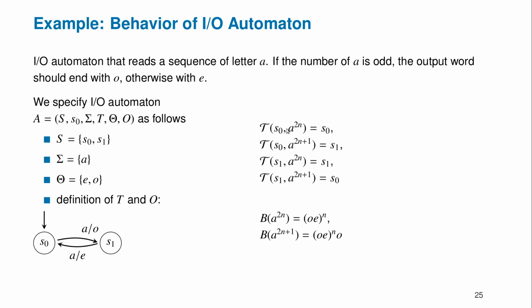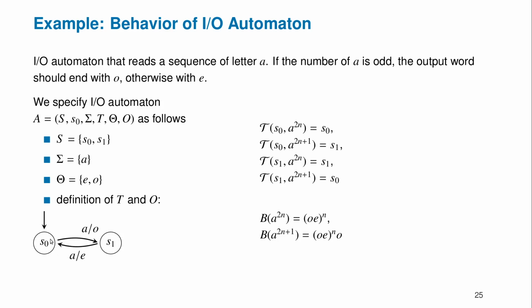So we get the following behavior, or the following extended transition function first. If we are in state S0 and read a word that has an even number of A's, then we end up in S0 again. For example, if we have two A's, then from S0 we go to S1, and from S1 we go to S0, and so on.